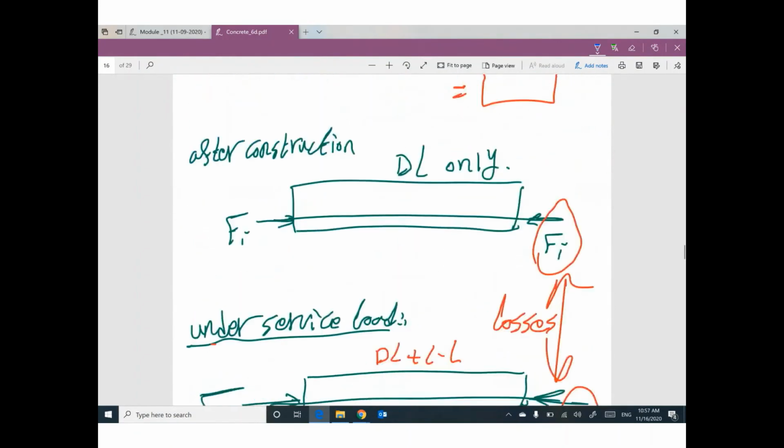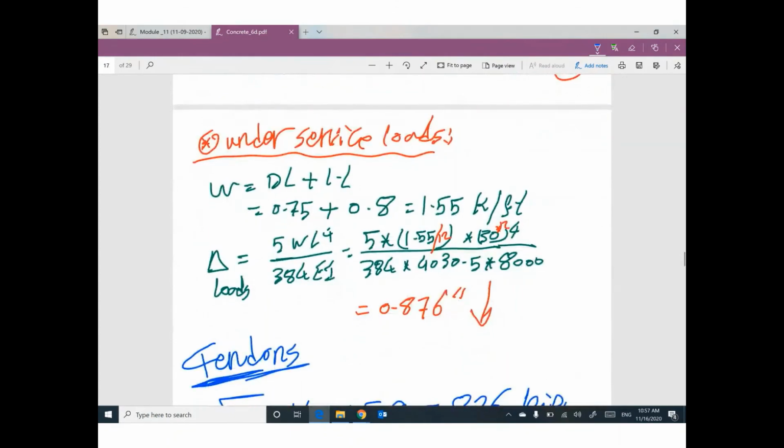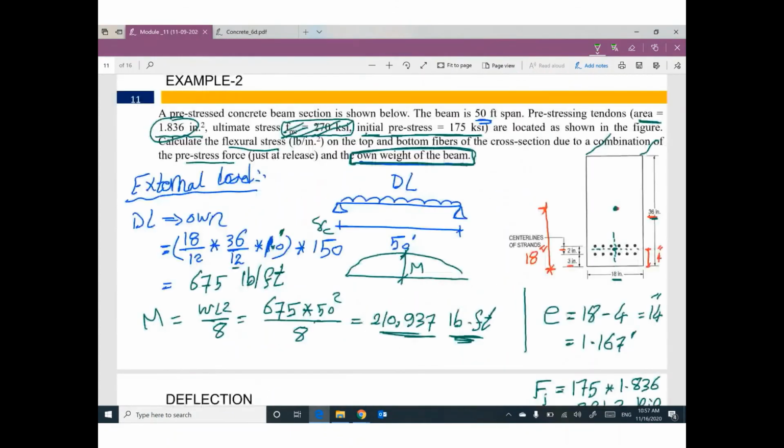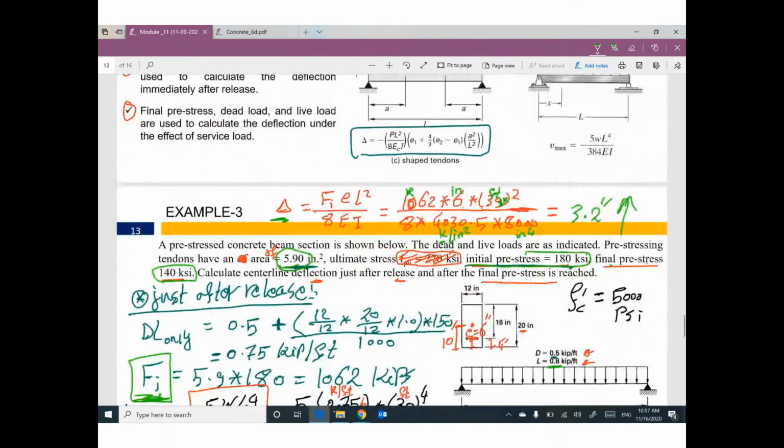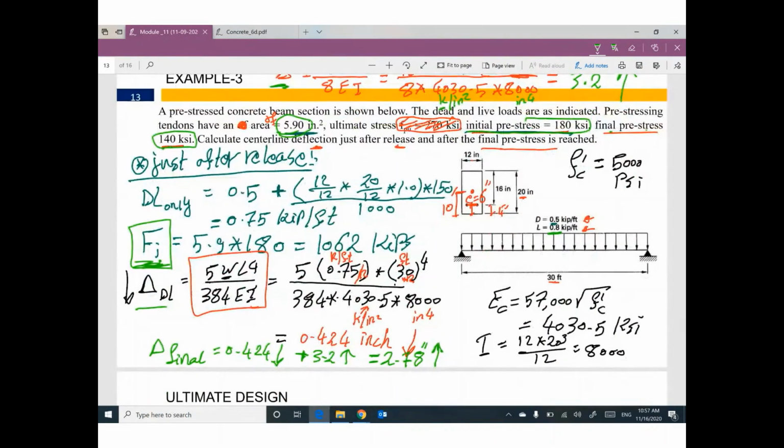The second part, I will give you a pre-stressed beam with given load, or probably you can calculate the unit weight of the beam, to tell me the final deflection. Make sure which deflection I'm looking for. Is it deflection just after release, or final deflection under the surface load?